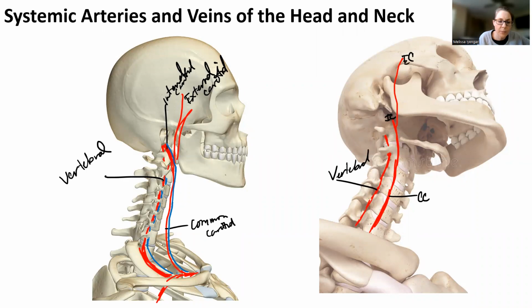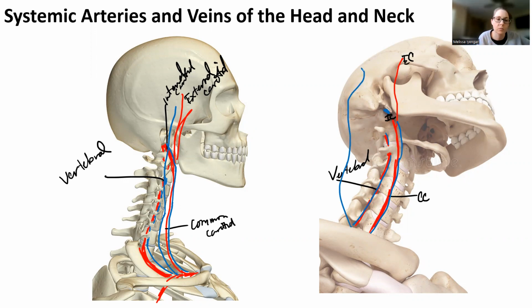And then you'll have a separate external jugular that'll come up like that. So where I have common carotid here, I'm going to have it dive into the jugular foramen right there. And then external jugular is going to be way out here.